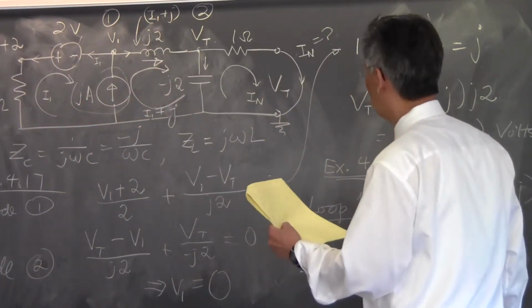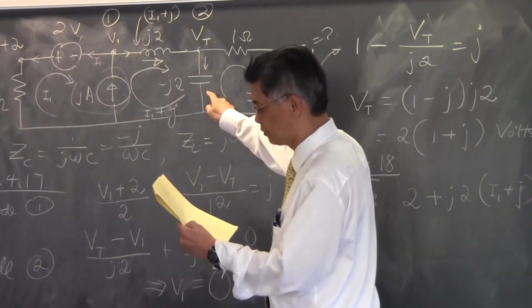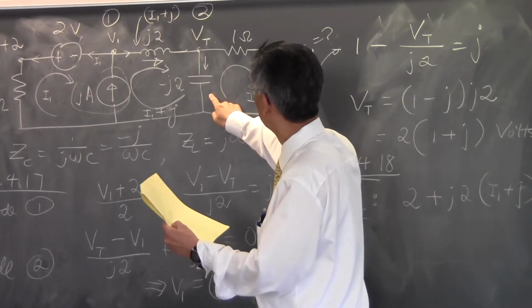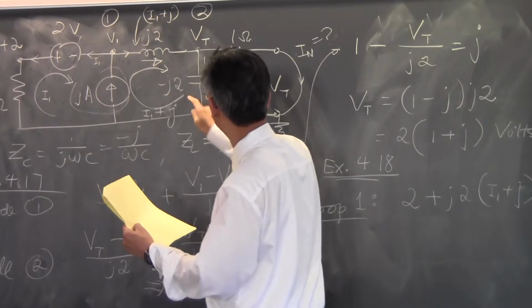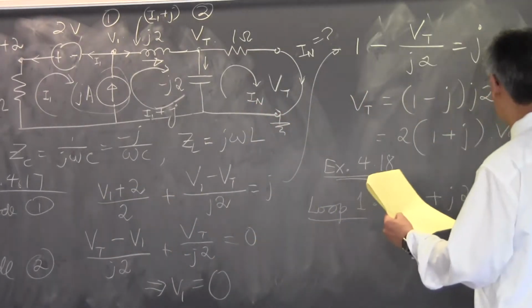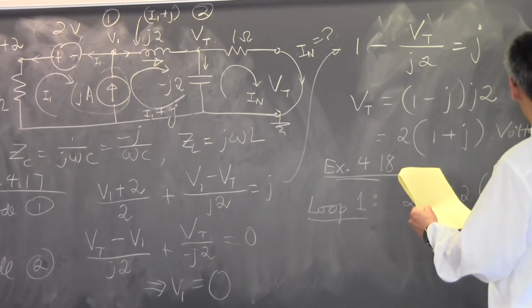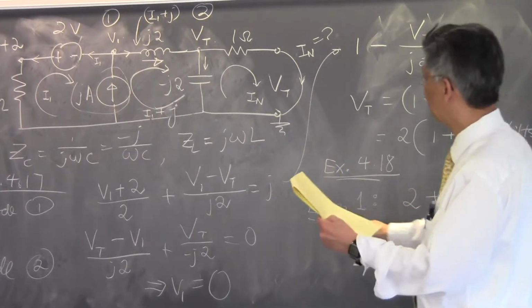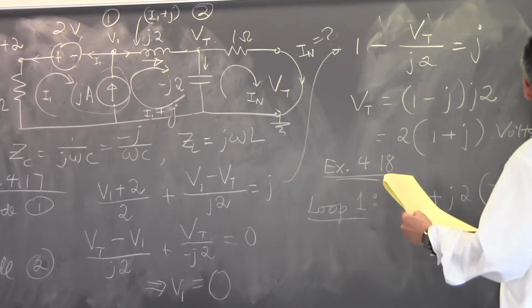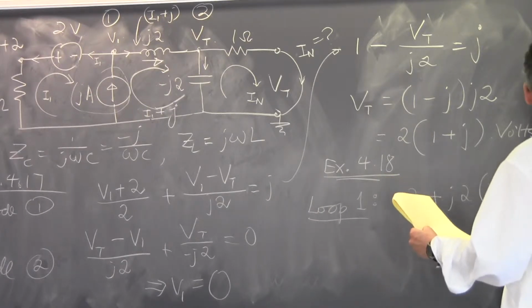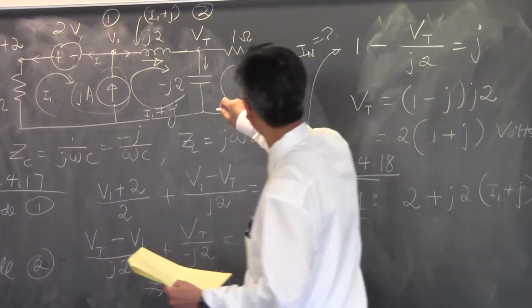And then I have to figure out what current goes through the capacitor. The current that goes through the capacitor is the difference of these two currents. And then the impedance of the capacitor is minus j2. The difference of the two currents is I1 plus j minus IN. This is the current through here.